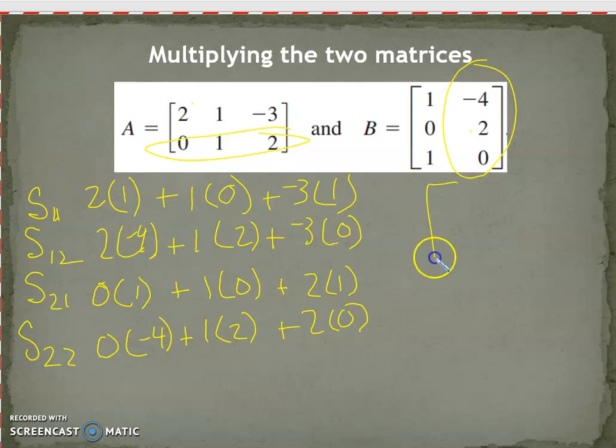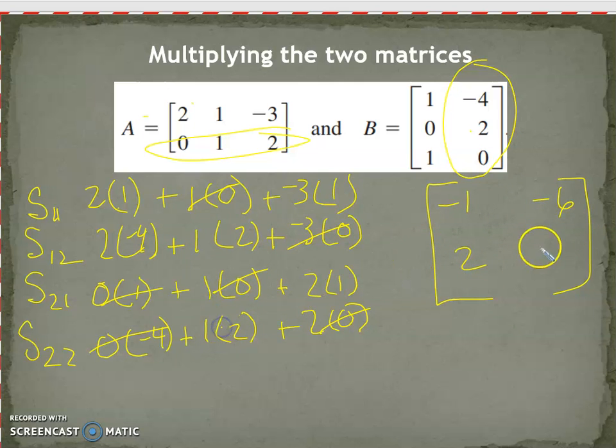Okay? Your new matrix is going to be a 2/2. Your zeros are going to go away. Not sure if I'm going to get all this in there, but we'll try. So you got 2 minus 3. You got -8 plus 2. You got 2 and 2. Okay? So remember, insides have to be the same. Outside tells you what it is.